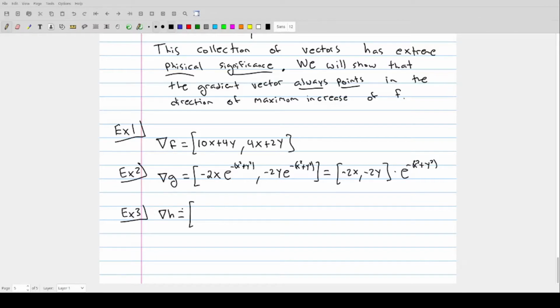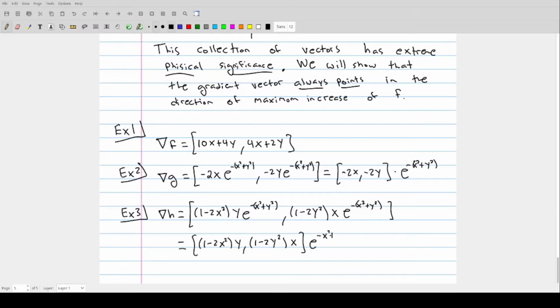We found that this was 1 minus 2x squared times y times e to the negative x squared plus y squared, and 1 minus 2y squared times x times e to the negative x squared plus y squared, which is the same thing as 1 minus 2x squared times y, comma 1 minus 2y squared times x, all of this times e to the negative x squared plus y squared.